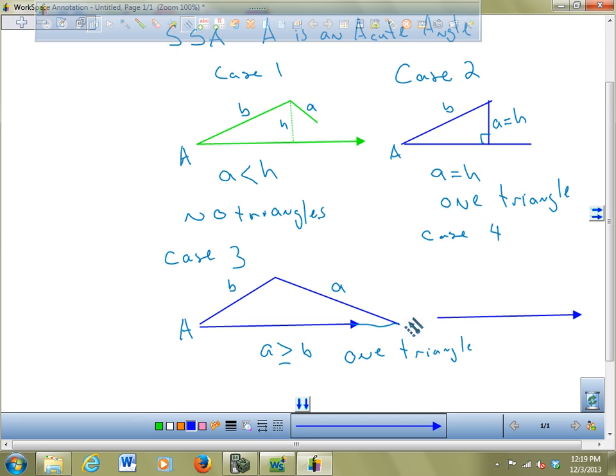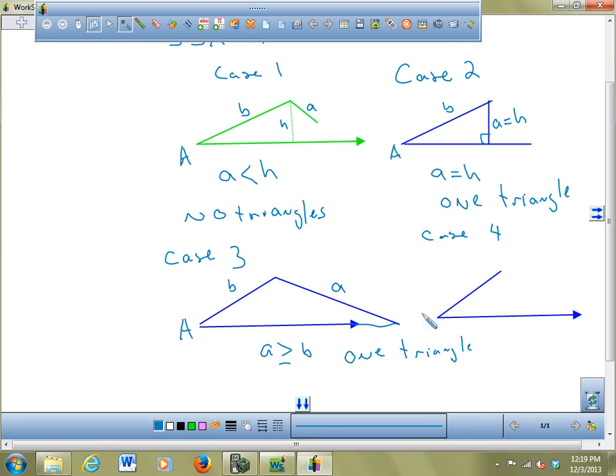Here's my line. Here's my other side. Here's angle A, and here's side H. There's H going down. That's not very good. Anyway, we'll call this H.